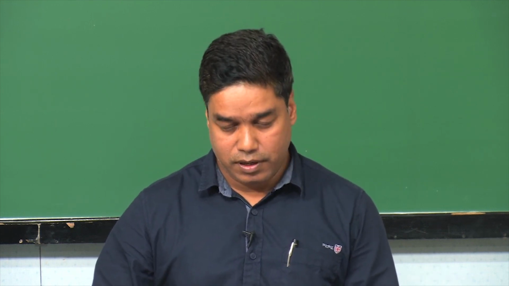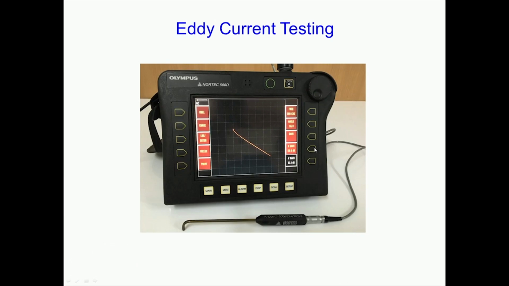Okay. So, in a NDT method, wherever and whenever the indications are indirect, it is important to calibrate the instrument first before you do the NDT. Okay. So, in this case also we need to calibrate the instrument first, because here also the indications are indirect.